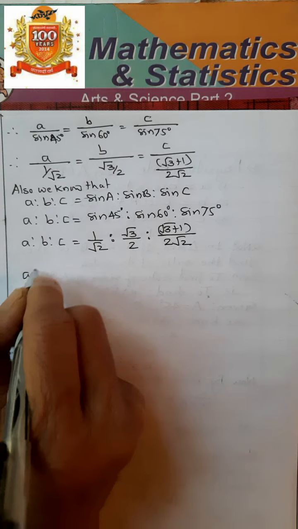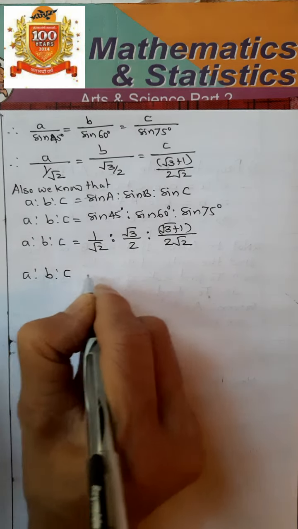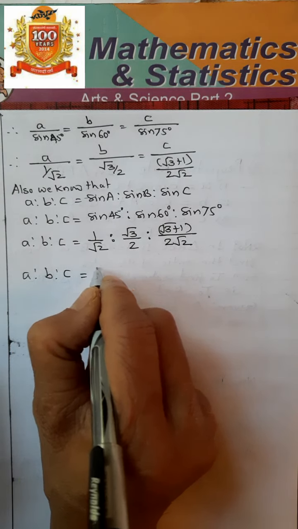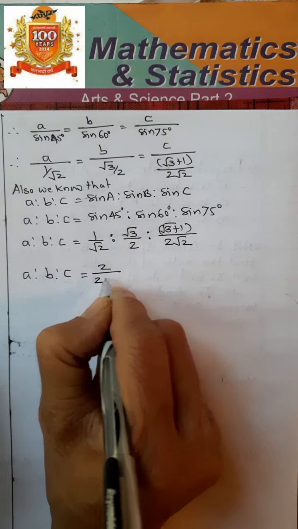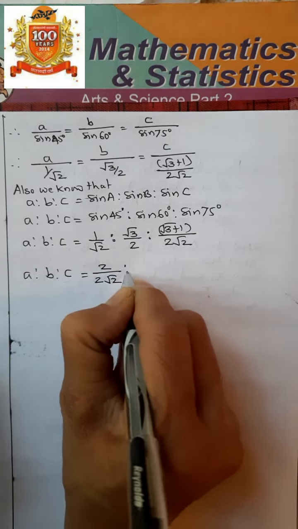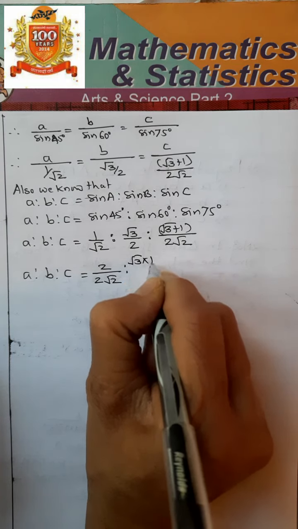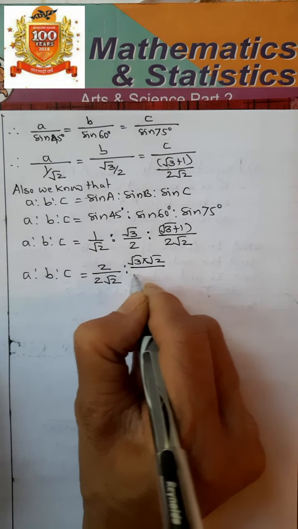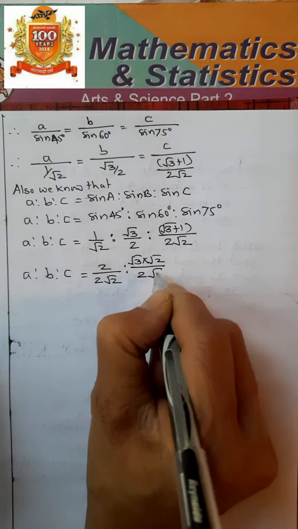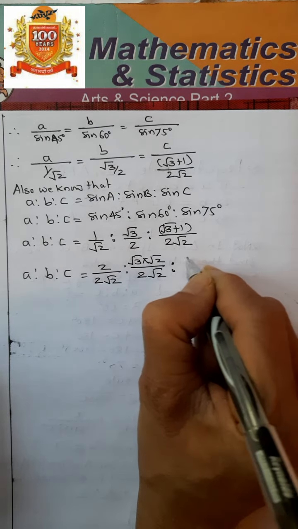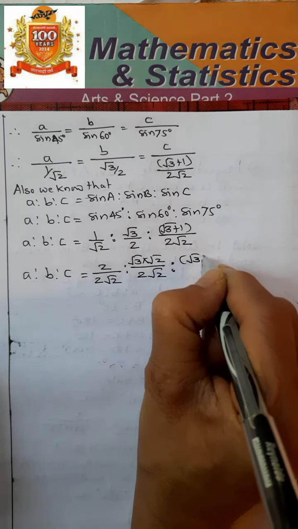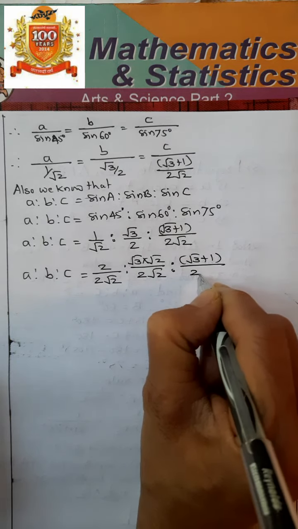This can be written as a is to b is to c is equal to 2 upon 2 root 2 is to root 3 into root 2 upon 2 root 2 is to root 3 plus 1 upon 2 root 2.